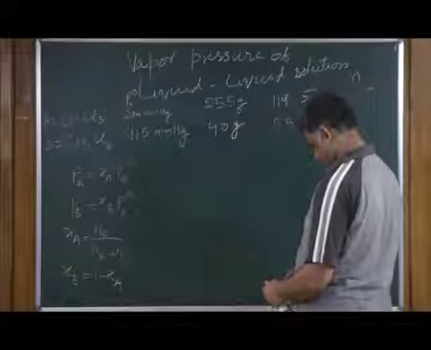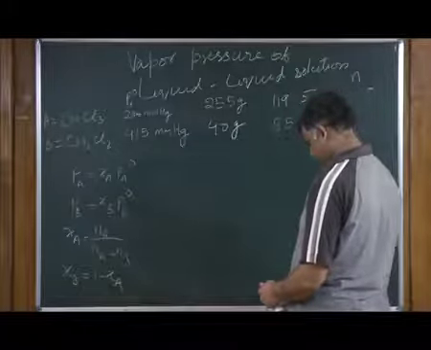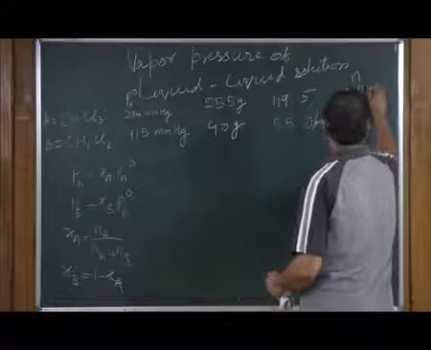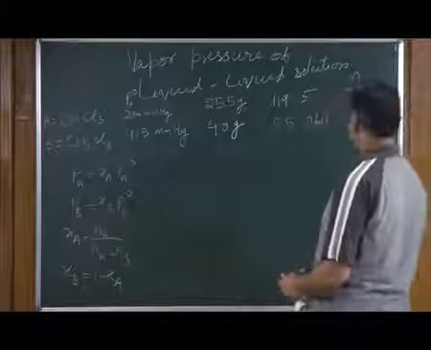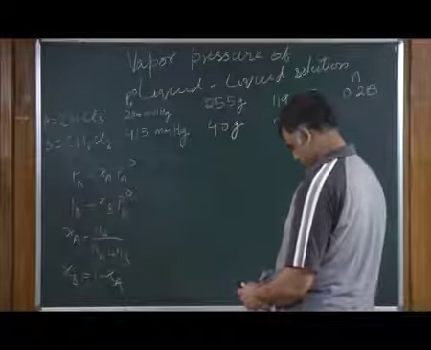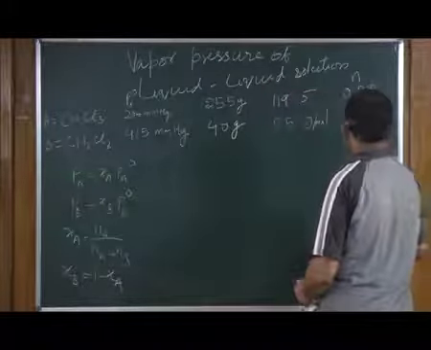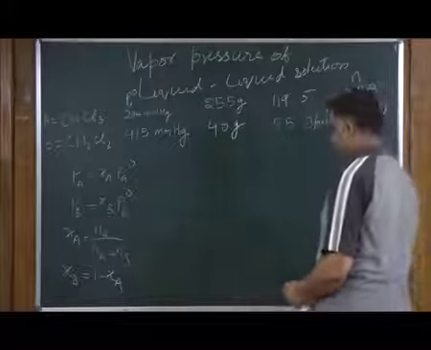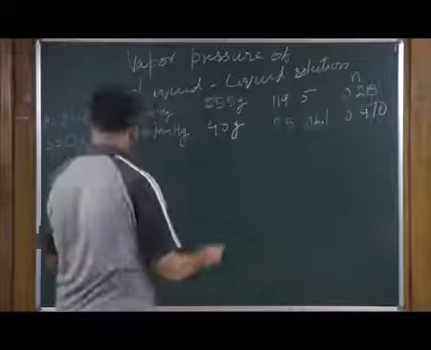So, let us do that. 25.5 divided by 119.5, and the answer we are going to get is 0.213. And same thing we need to do for B, that is dividing 40 by 85, and the answer I am going to get is 0.470. And now I need to calculate simply the mole fraction XA.